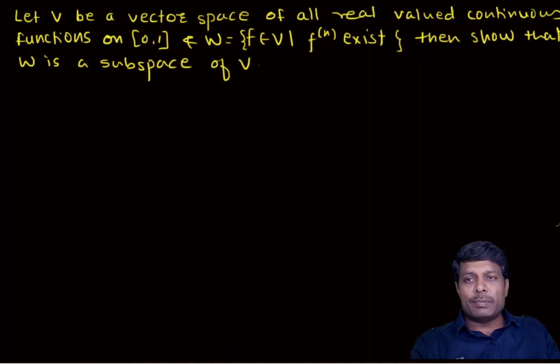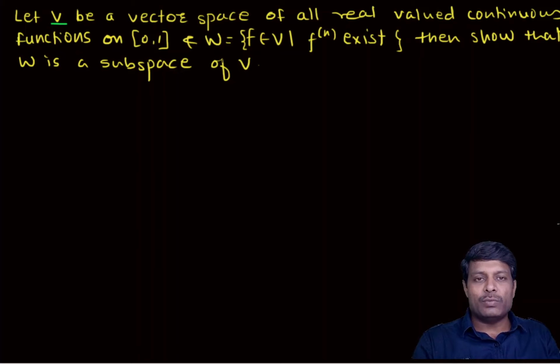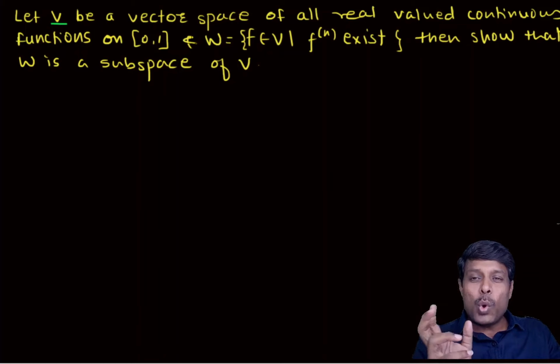In this example, let V be a vector space of all real valued continuous functions on the unit interval 0 to 1. That means it is a vector space which we have discussed earlier. And here the collection denoted by W contains those elements from V whose nth derivative exists.